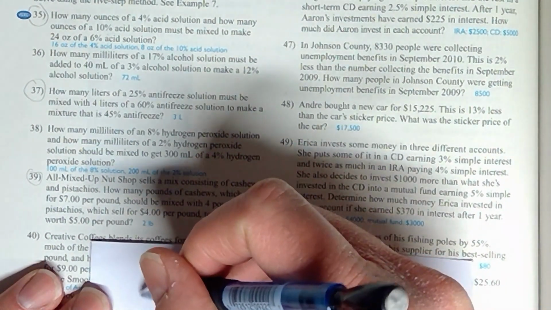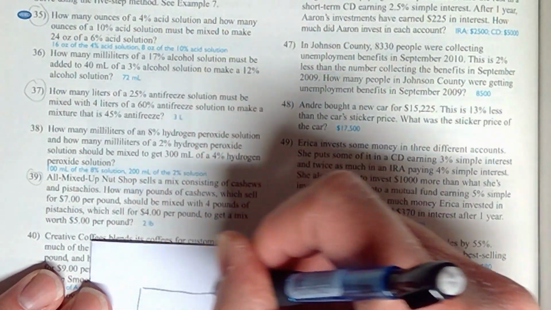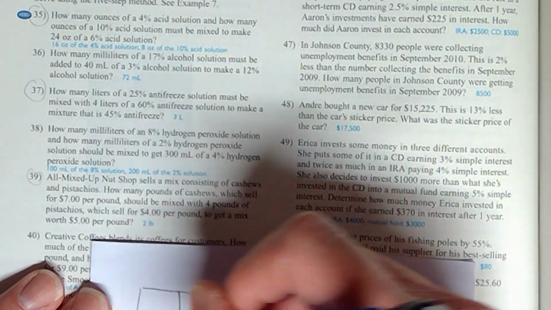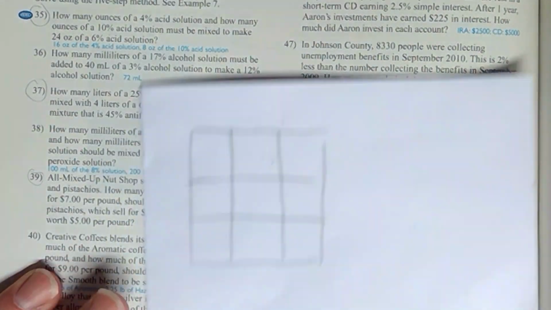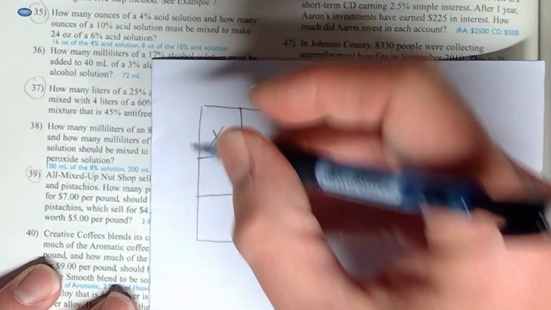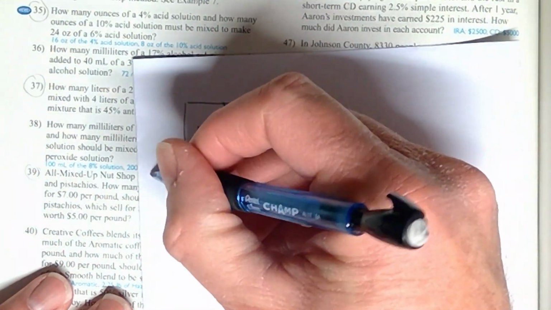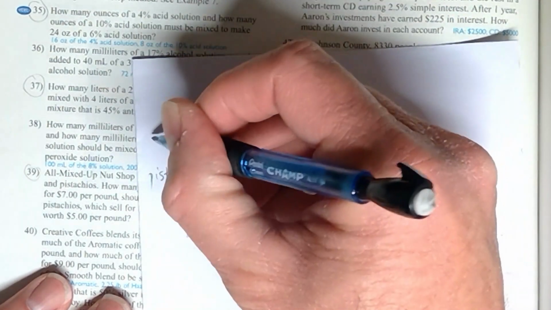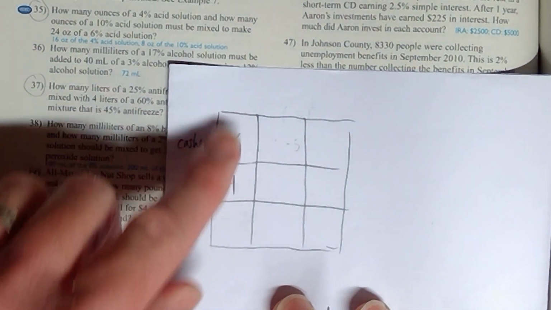So instead of having X and Y, like we did all throughout this current video, let me just write it down here real quick, you're now going to have X and 4, because they already tell you that this one is 4. If this is the pistachio row, this is the cashew row. It's going to be X and 4.